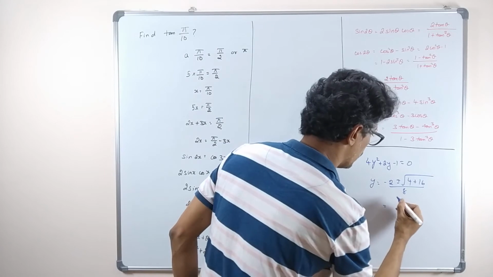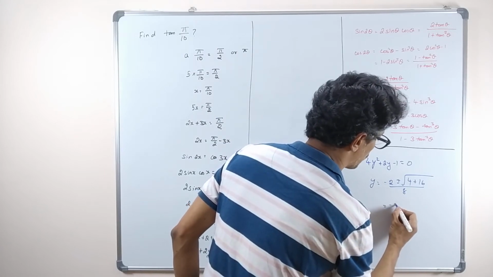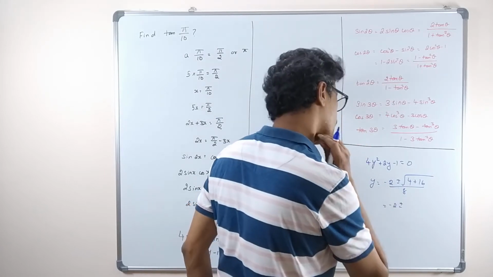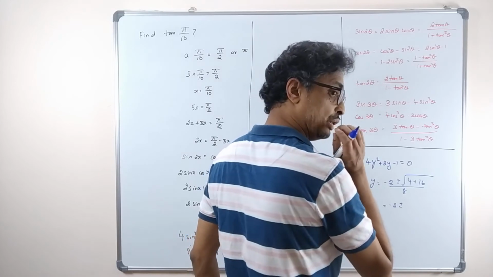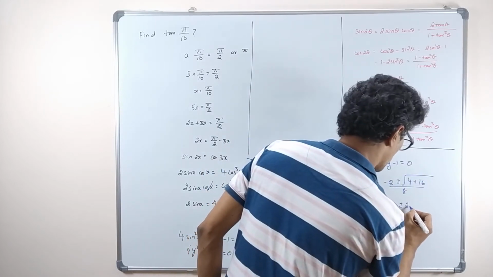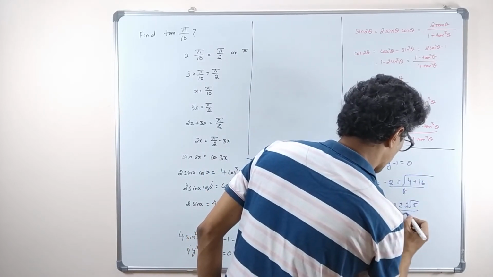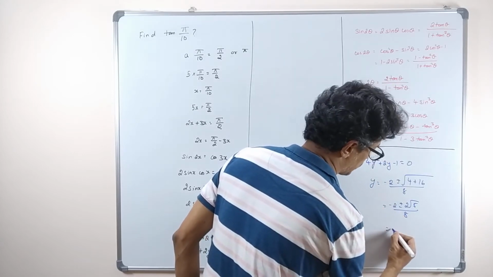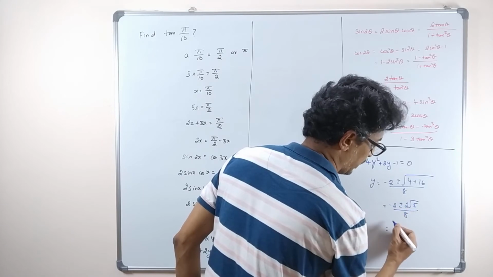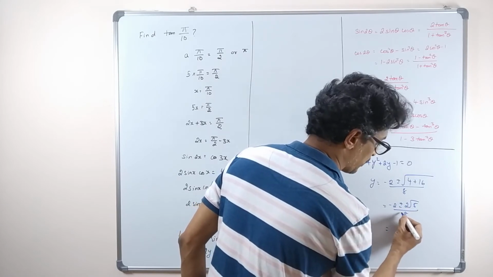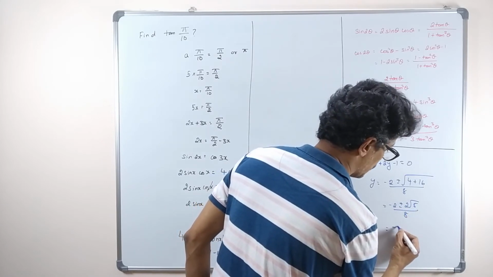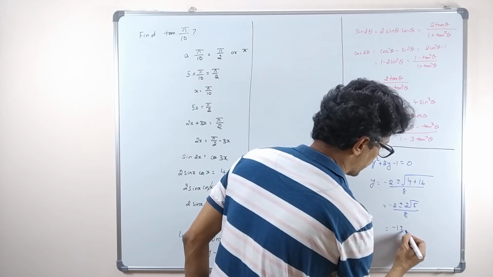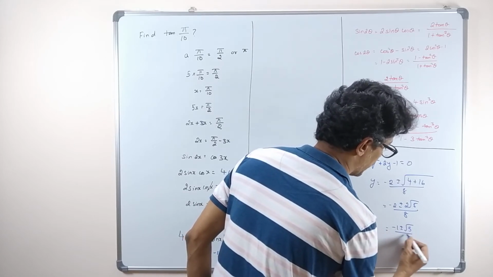So this will be minus 2 plus or minus root 20, that is 2 root 5, divided by 8. If I take one 2 commonly outside, then it becomes 4. So minus 1 plus or minus root of 5, by 4.